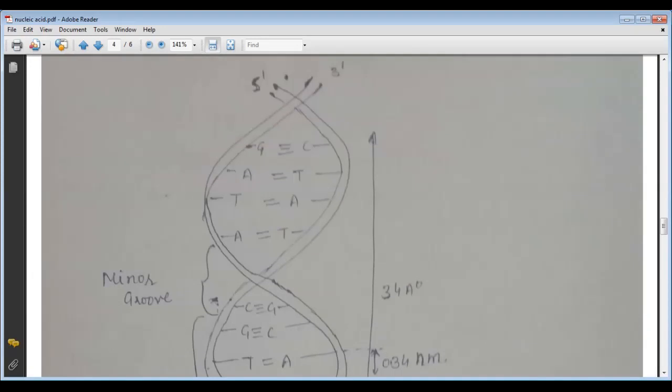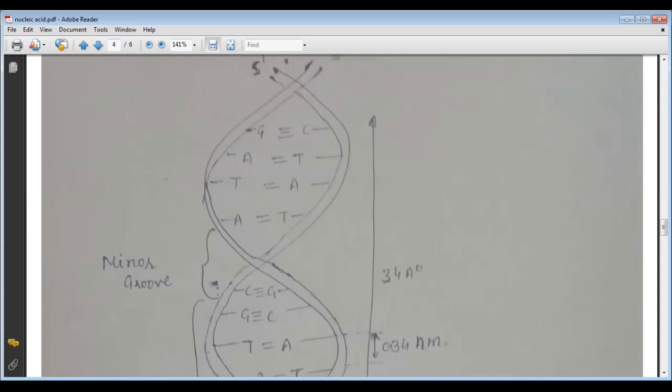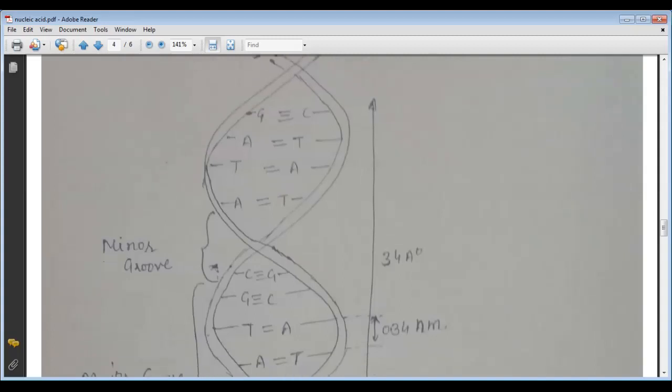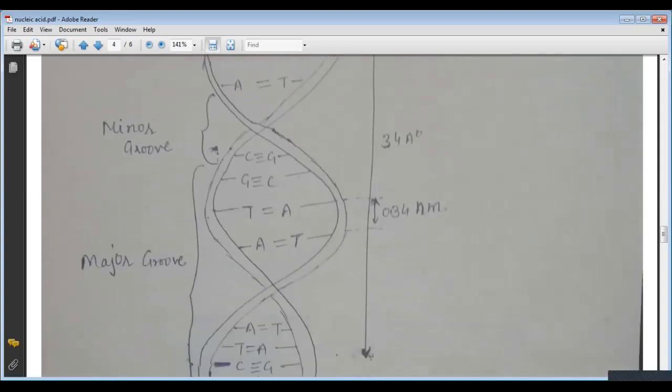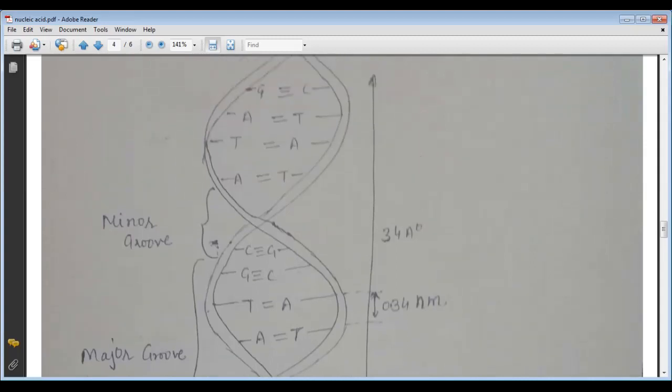Here we can see that two grooves are present. The small groove is called the minor groove, and the large groove is called the major groove. The length of this helix structure is 34 angstrom.